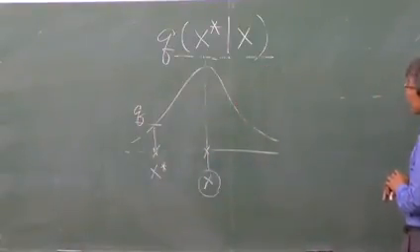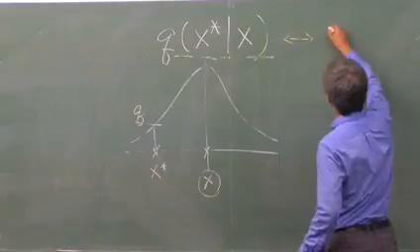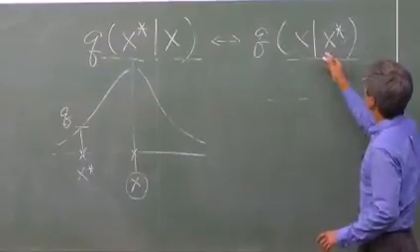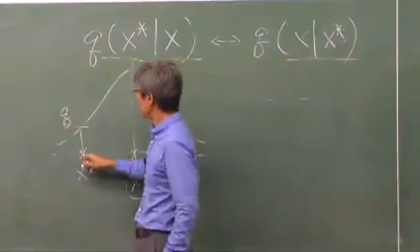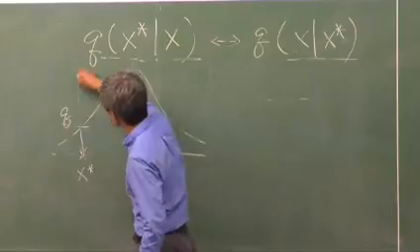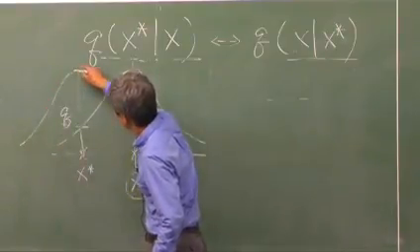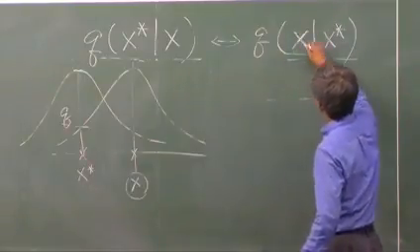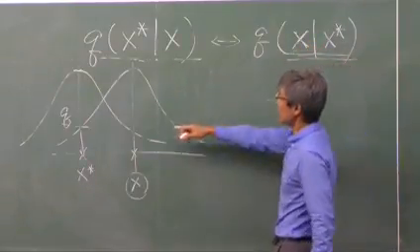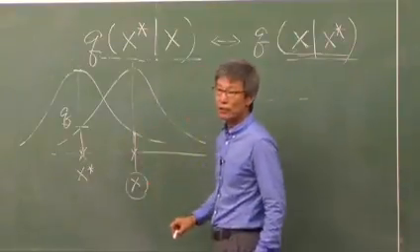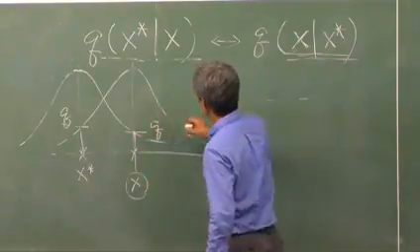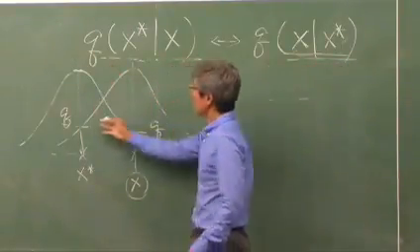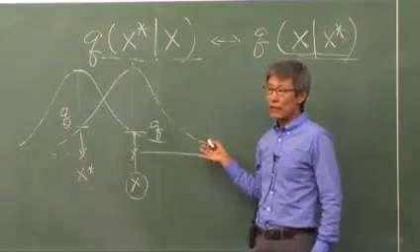And the symmetry means we reverse this. In this case, we have the mean at x star here. And the same probability distribution can be constructed like this. Then we calculate the value at x in this distribution, which is the height here. This is the Q at the right side. This is the Q at the left side. We can see these two are the same.